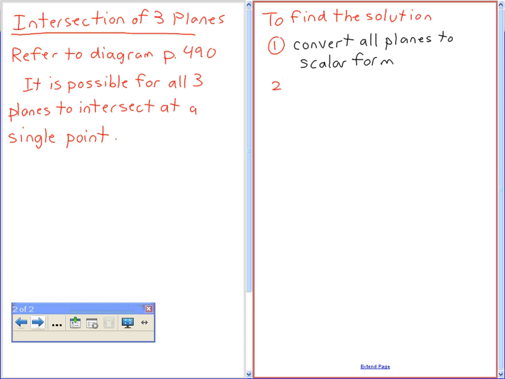Number 2 will be to use manic substitution. That's not the technical term. Why is it manic? Or matrices to solve. Does manic mean insane?